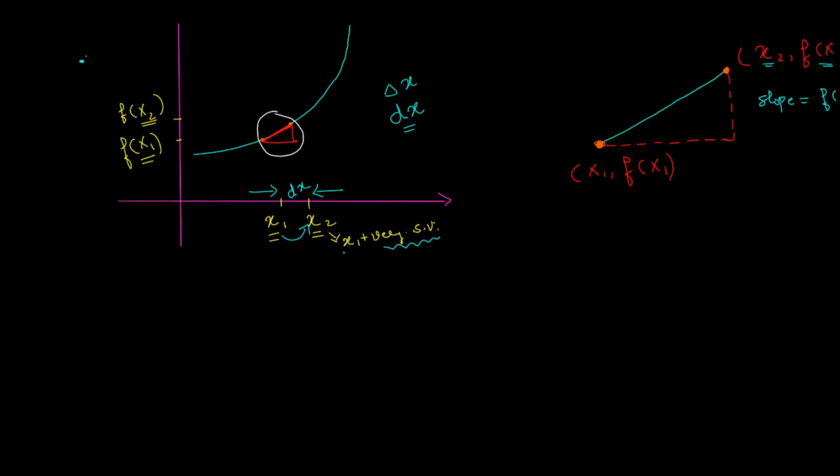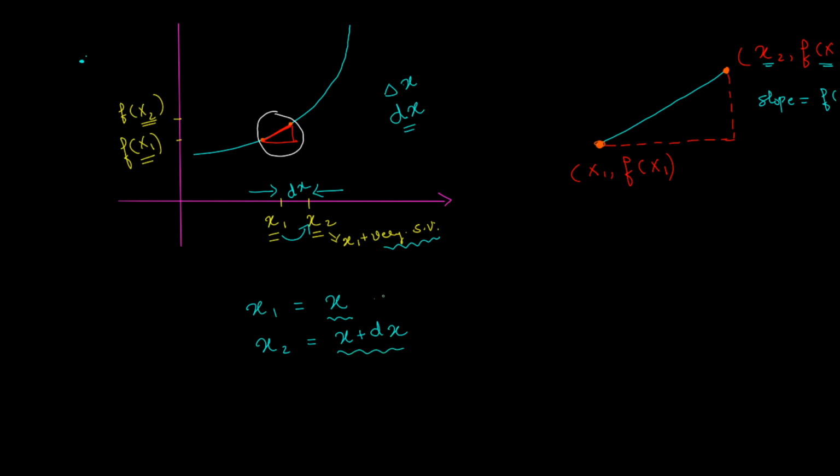So if you actually look at it, your x1 I can now call just some value of x, and x2 I can now call x plus a very very very small value dx, and from here on I'm going to use these values for x1 and x2, right? I hope you get that.